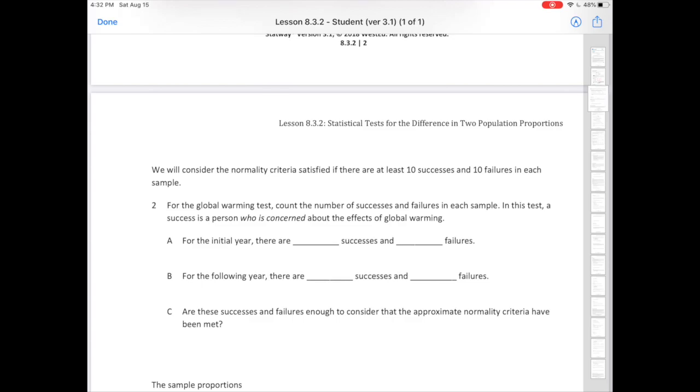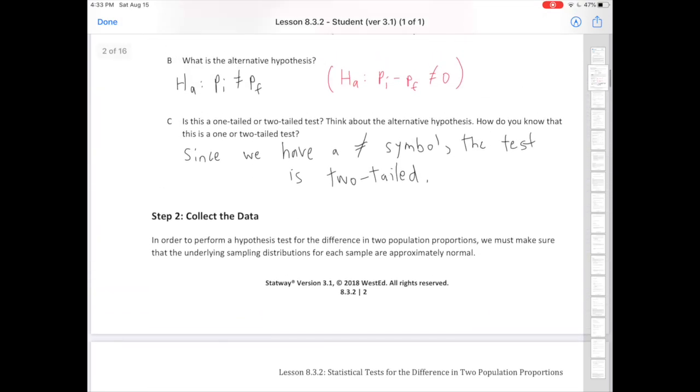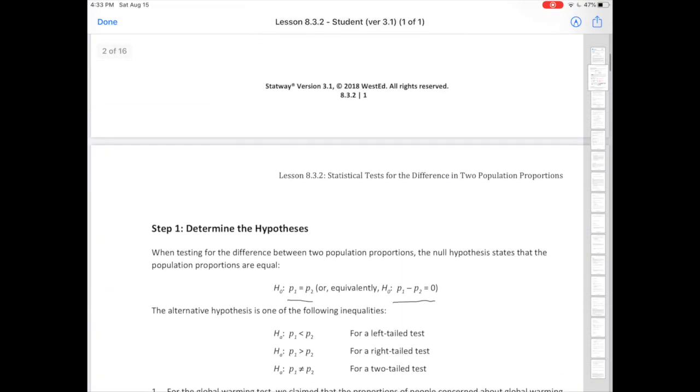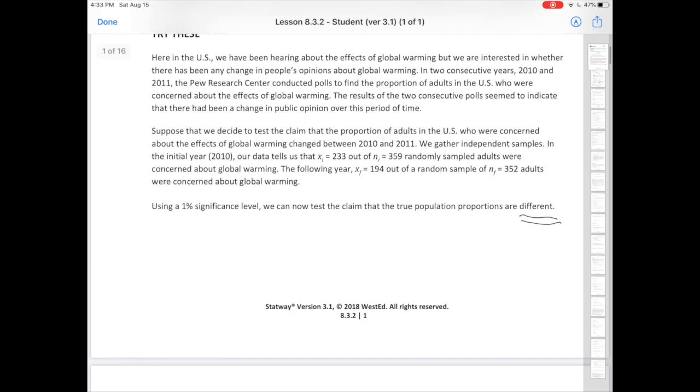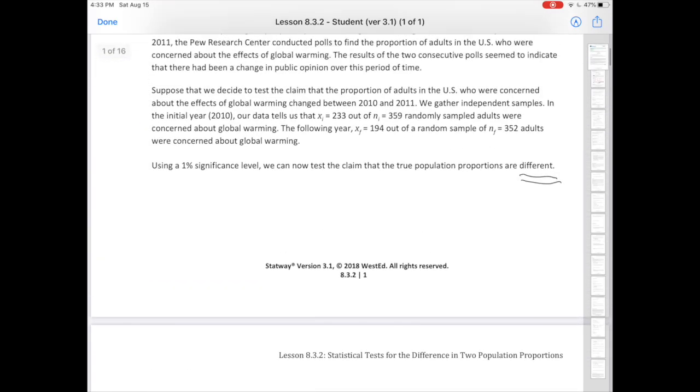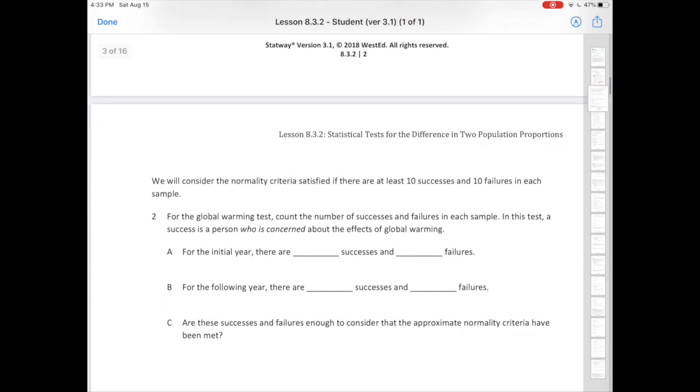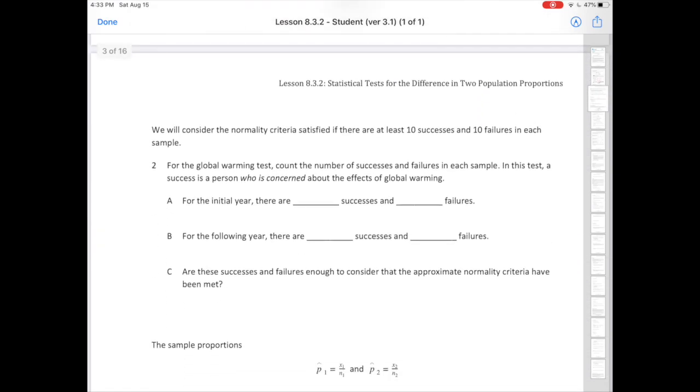So first, for the initial year, how many successes and how many failures were there? Well, it told us in the sample that we collected in the initial year that there were 233 out of 359 adults, right? So 233 out of 359. So 233.